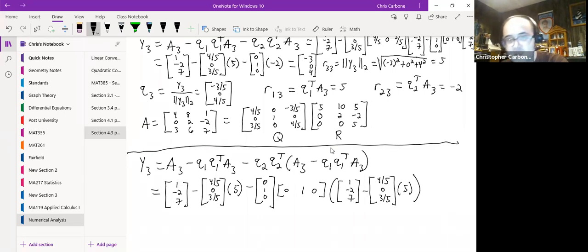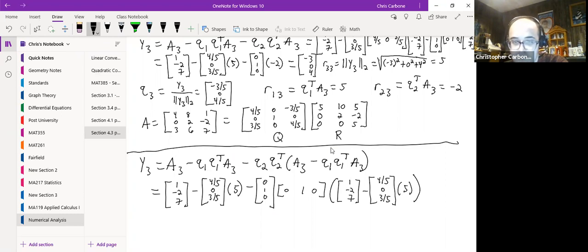Okay. So we can very slightly rework this. Inside of this parenthesis, let me just write what that becomes. Inside of this parenthesis, we have 1 minus 4/5 times 5.